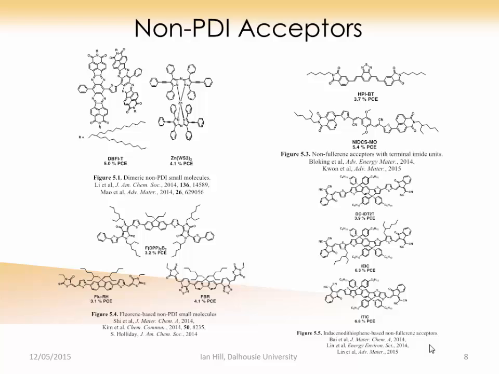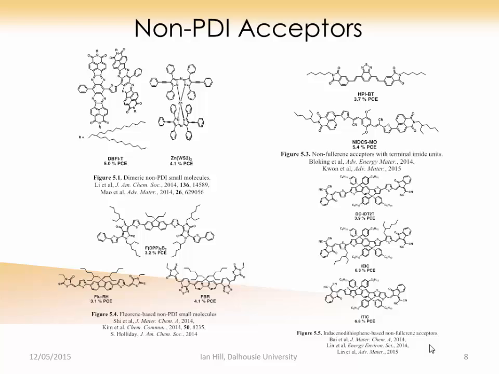Different end-capping units, rhodanine here, but you'll see these things pop up very, very often, and it's different ways of putting these things together that we can tailor both their electronic energy levels to make them favorable for electron transfer, and also their optical properties.